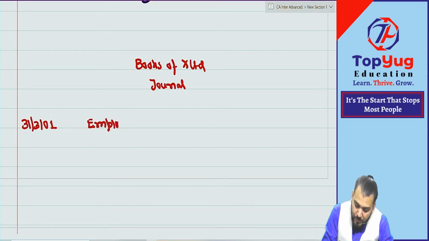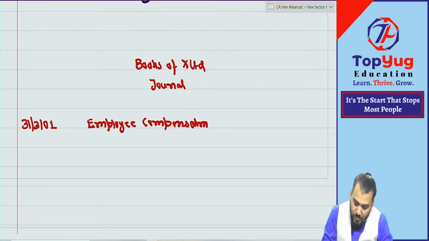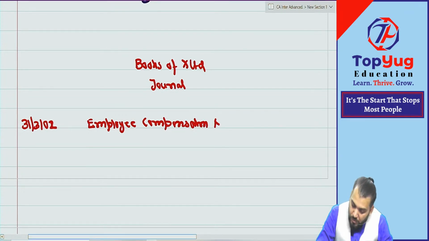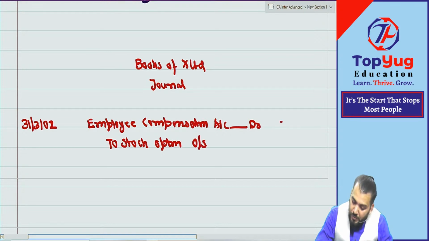Employee compensation account debit to stock option outstanding account 1 lakh 86,667. Can you do the balance journal entry by your own?